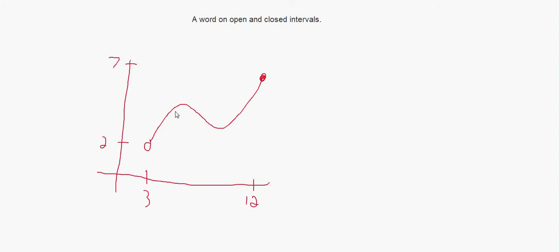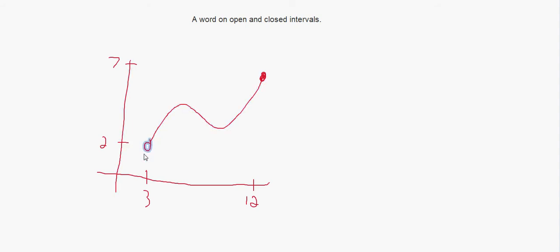Well, if I ask you to find the absolute maximum, the highest point is at 12, and the absolute max is 7. All right? That's easy. But there's a problem down here. This open circle means that there's no point. That means my graph goes all the way up to this point, but there's no point there. So the absolute minimum looks like it should be 2. But the problem is it never gets to 2. There's an open circle there.